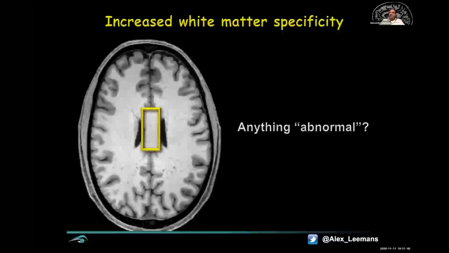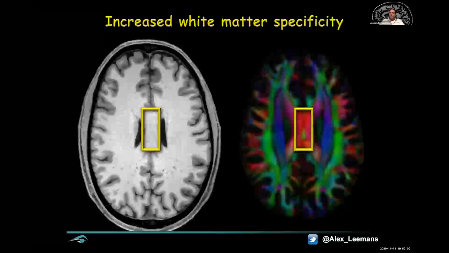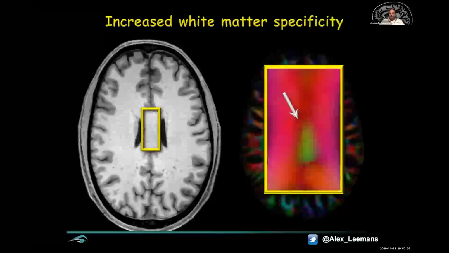But it's a very powerful technique because if you have that color information in terms of orientation, you can look at the white matter and see whether something is abnormal or not. In this case, within the corpus callosum, on a T1 weighted image, it looks very uniform, very normal. But if you look at the color encoded diffusion map, you can clearly see this green patch in the middle of red.